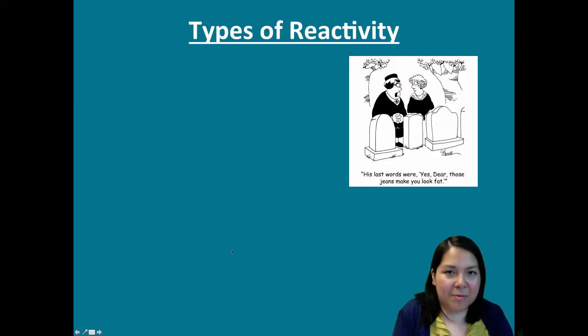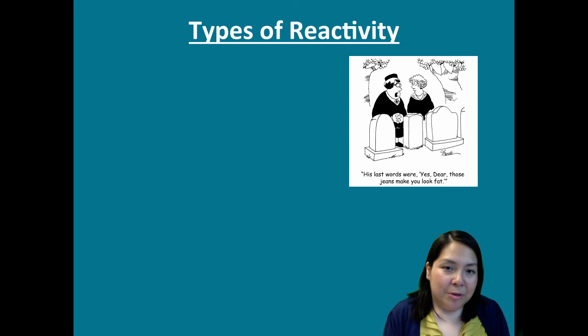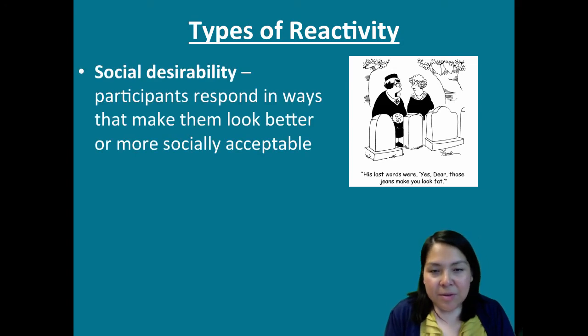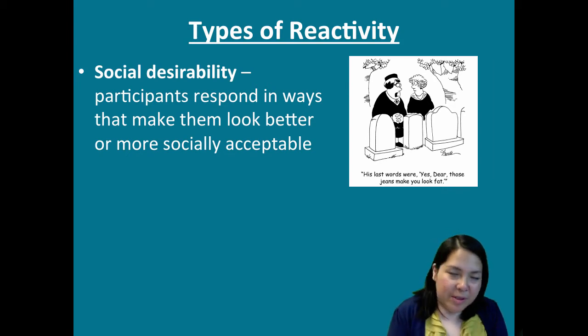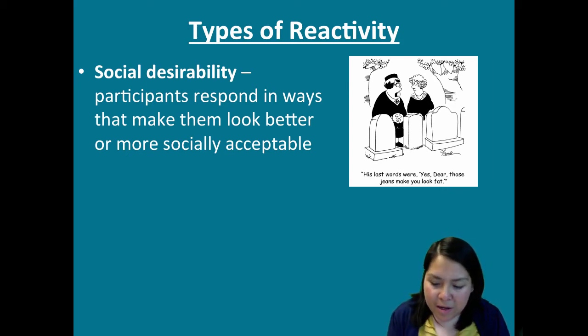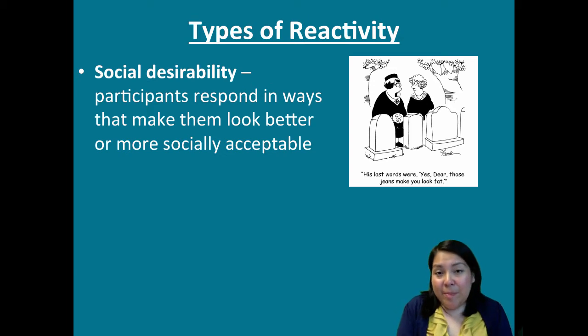The different types of reactivity that I mentioned earlier include social desirability. Participants within our study may respond in ways that make them look better or more socially acceptable. Questions like, do you wash your hands after using the bathroom, or questions about racial stereotypes or sex stereotypes, often lead people to respond in a way that is socially acceptable.